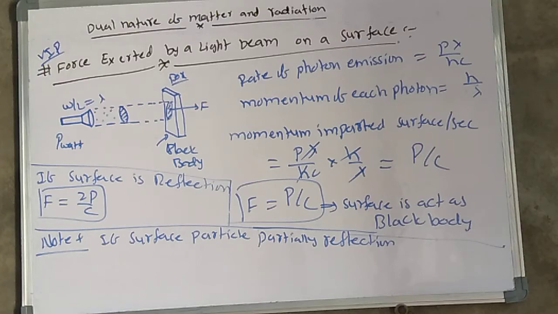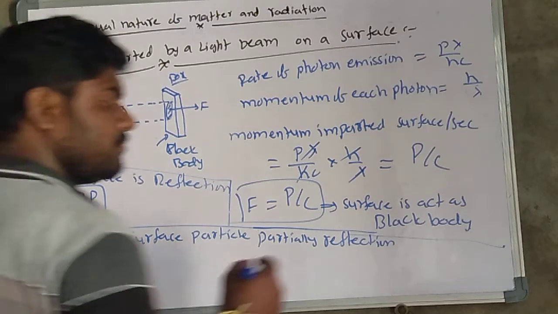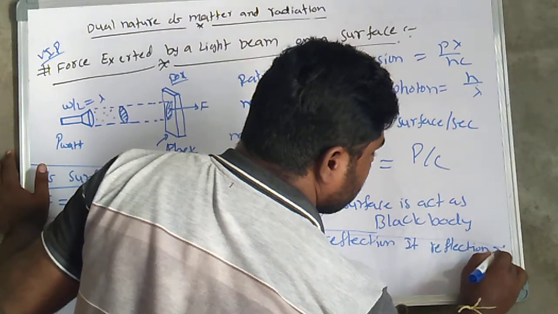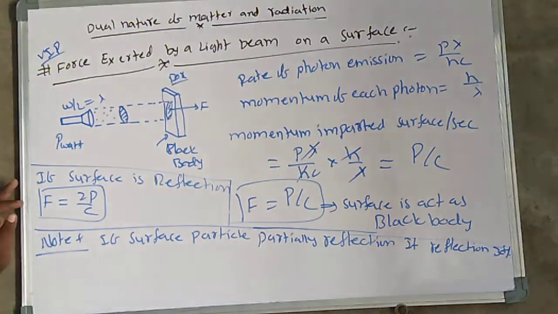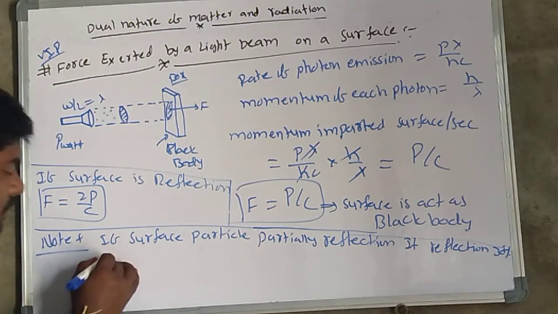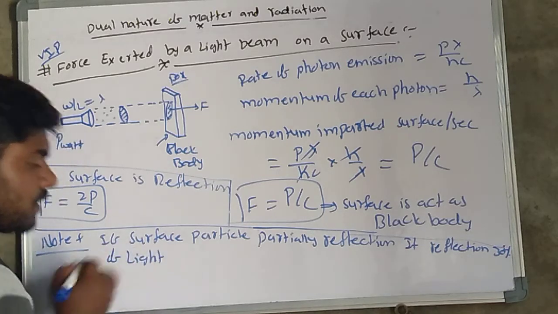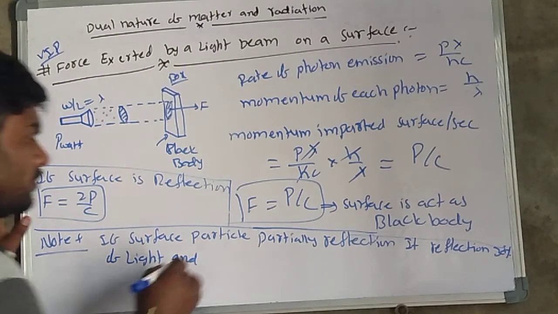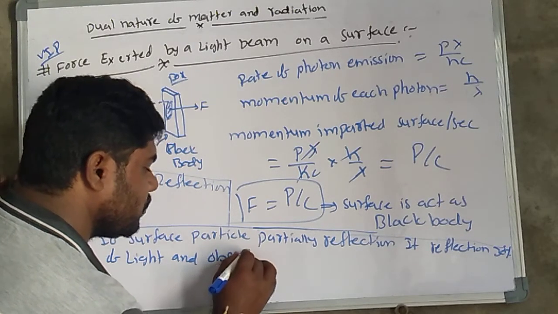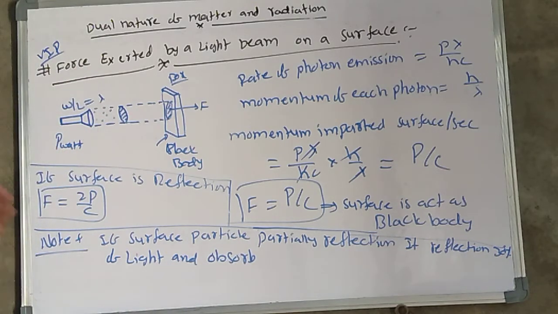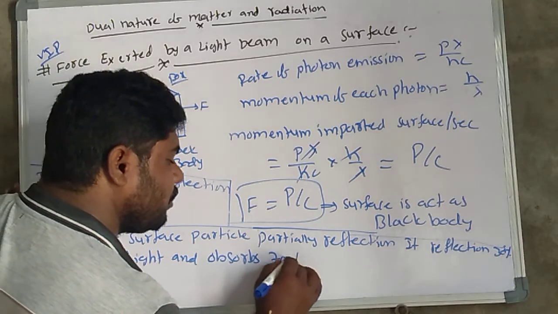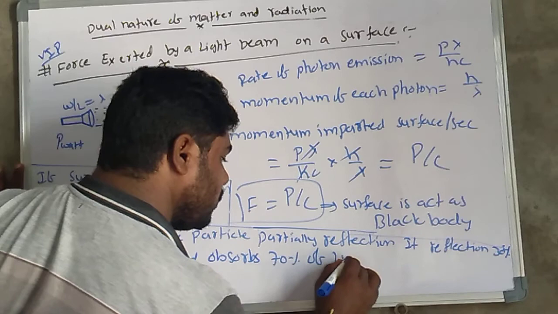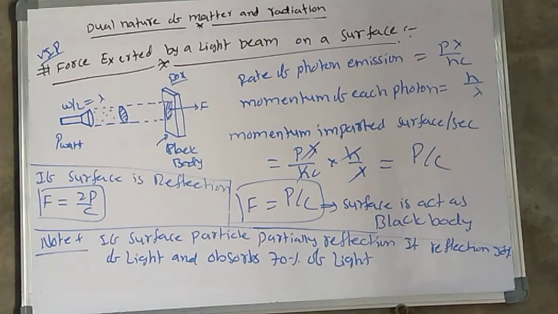Say 30% of the light is reflected and the remaining value, 70% of the light, is absorbed.